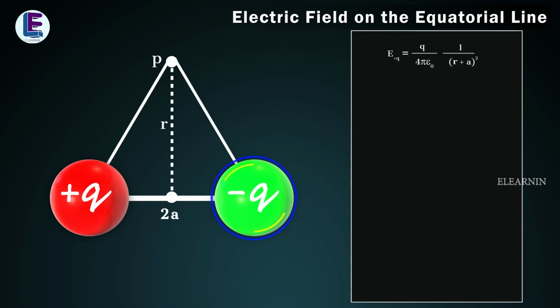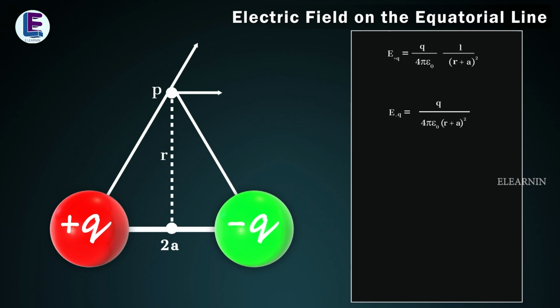Similarly, due to minus q, the field intensity is q divided by 4 pi epsilon naught into 1 divided by (r squared plus a squared). The components perpendicular to the dipole axis cancel, and the components along the dipole axis add. The resultant electric field is opposite to P bar.